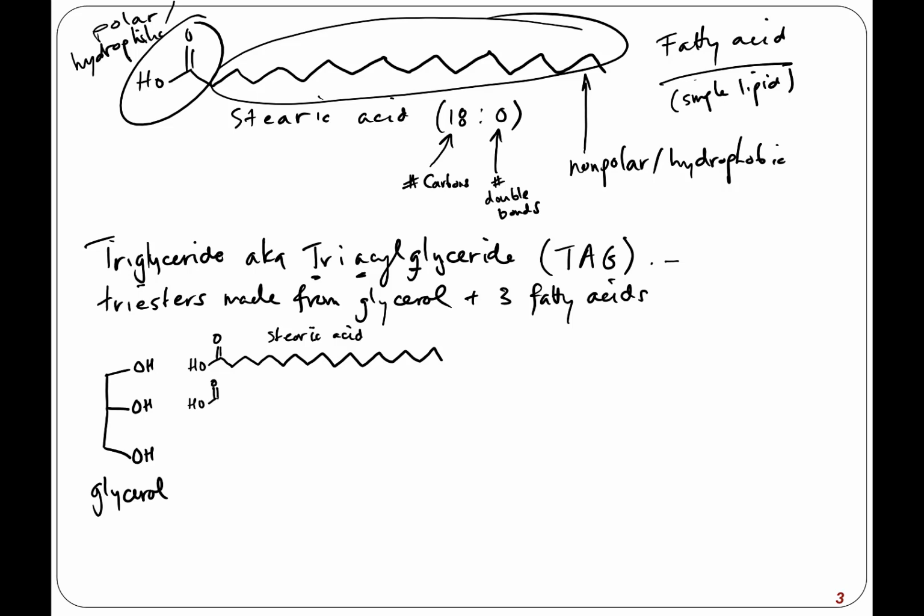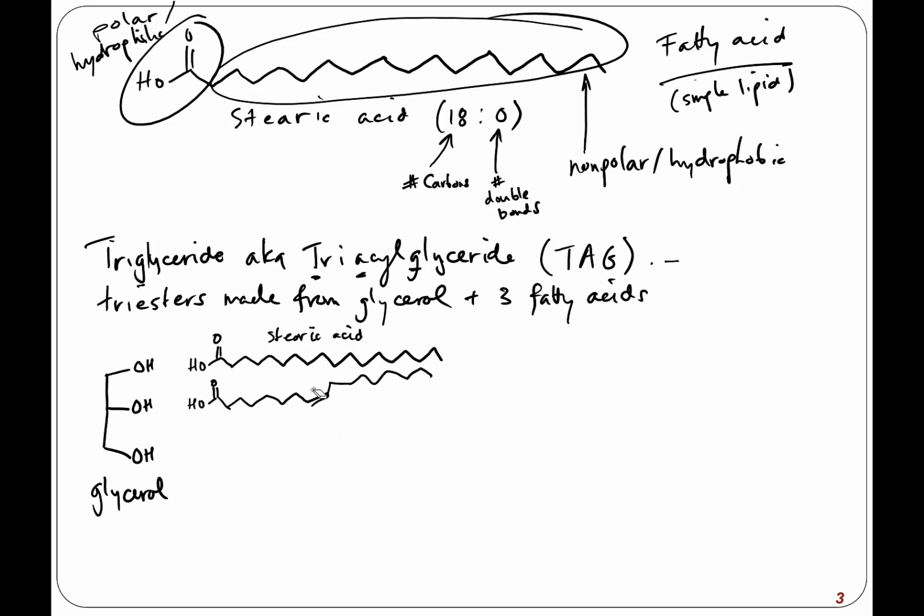I was thinking 16. We'll do something with 16 with a double bond. 3, 4, 5, 6, 7, 8, 9, 10, 11. So 1 through 16.